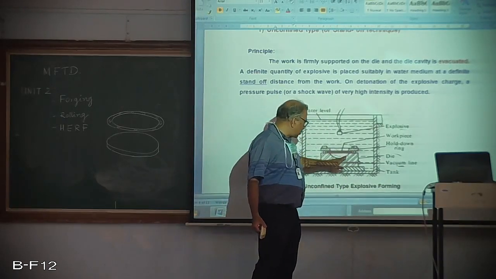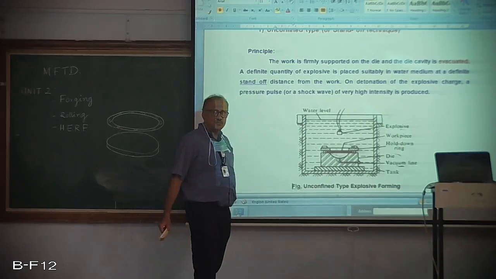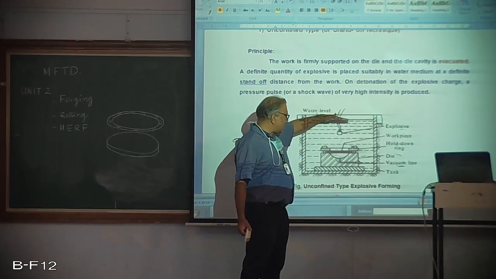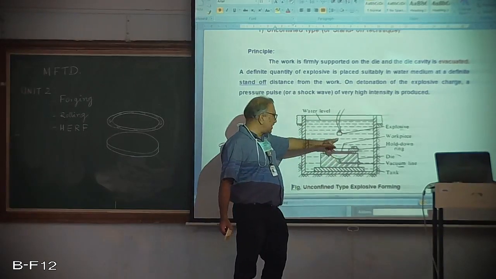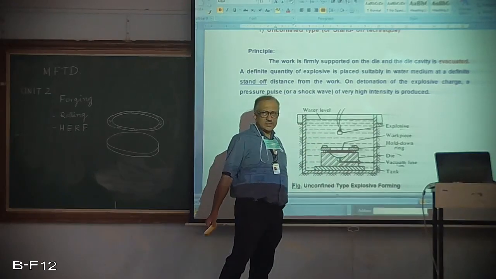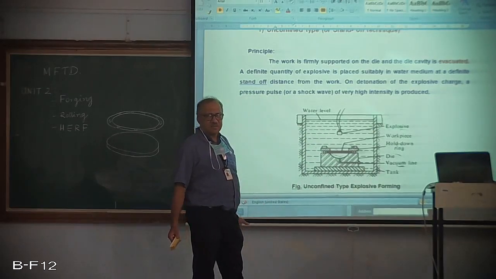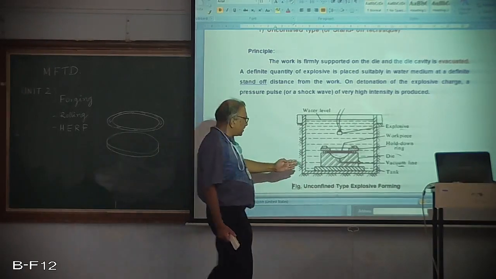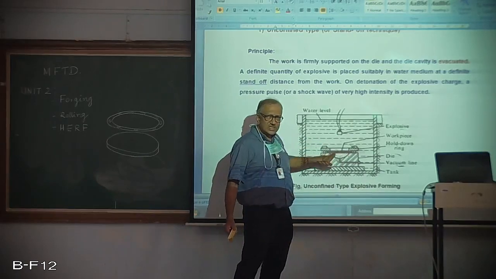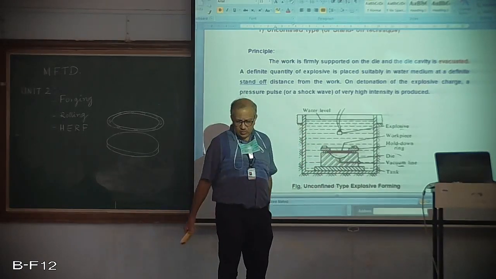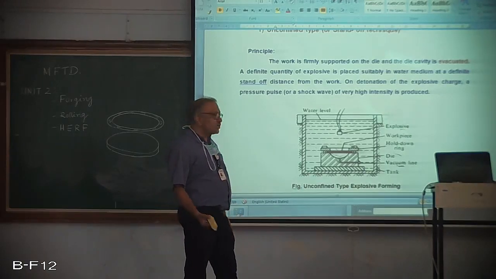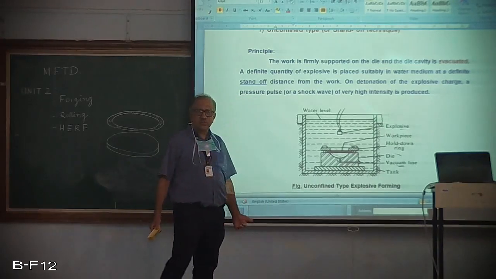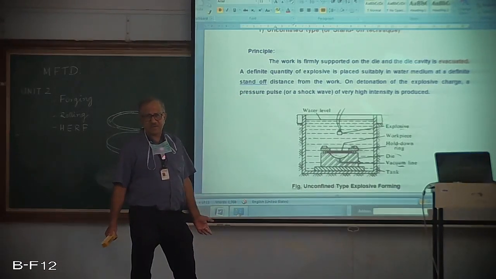If we don't maintain vacuum within the die cavity, the rate at which the explosive applies pressure on the workpiece, the rate at which deformation takes place, is so large, so rapid, about 120 meters per second. At that rate, the air, if there is any air here, will go through adiabatic heating, which may lead to overheating of the work material, and may even eventually lead to melting of the metal.